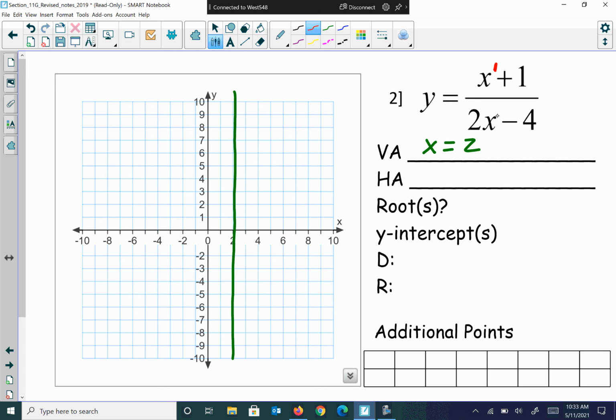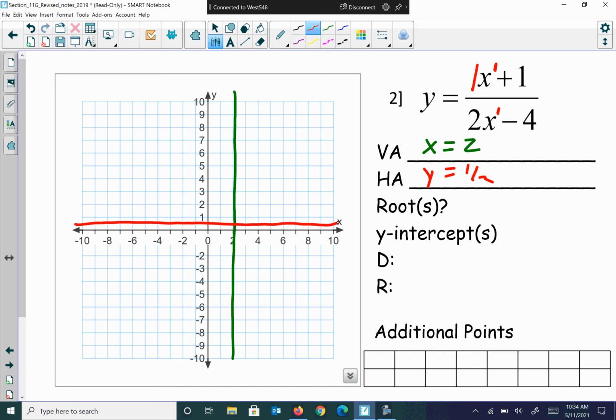I have first degree, there's technically a 1 in front of that. Because of the degree on top and the degree on bottom, and we have just a single fraction, not added to something else, this is going to be 1/2. So our horizontal asymptote just comes straight along here.